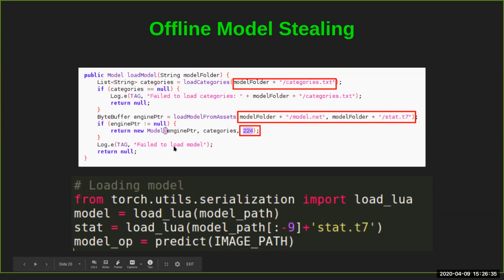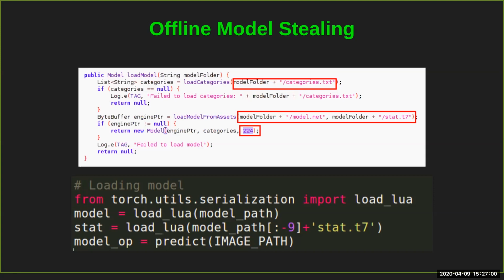Just by looking at the reverse engineered code of the target application, you can identify where the model is stored. You analyze that model, and you also have this mapping file, which is a categories.txt file here. Then just by writing 4 lines of code, you can load that model. Again, you don't have to have a very good understanding of machine learning applications to do that.